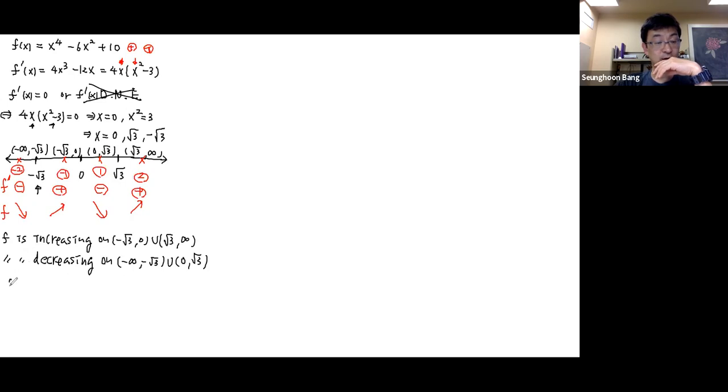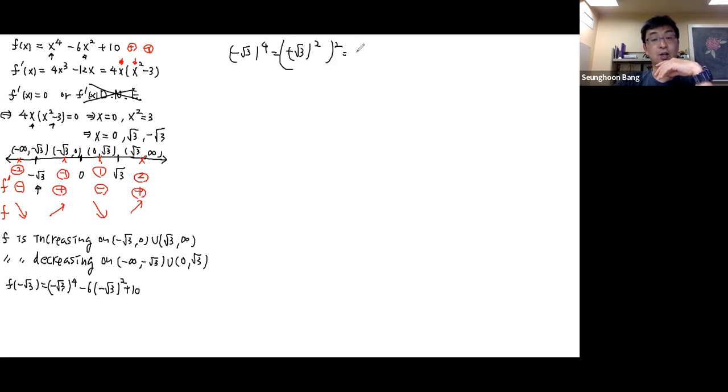We have f of minus root 3. You can plug into the original function: negative root 3 to the power 4, minus 6 times negative root 3 squared, plus 10. Negative root 3 to the power 4 is the same as negative root 3 squared, squared.